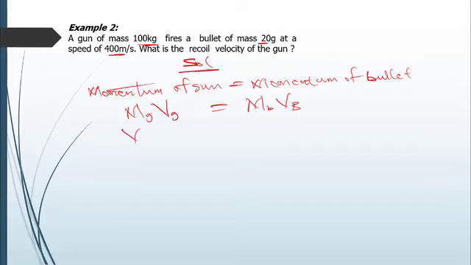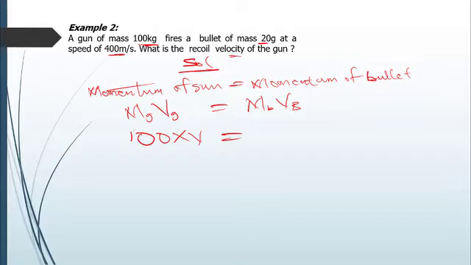So we're going to have, making v the subject of the equation, but before we get to that, the mass of the gun is 100 times v, because we're looking for the velocity of the gun, but the mass of the gun is 100 kilograms, and then the mass of the bullet is 20 grams.